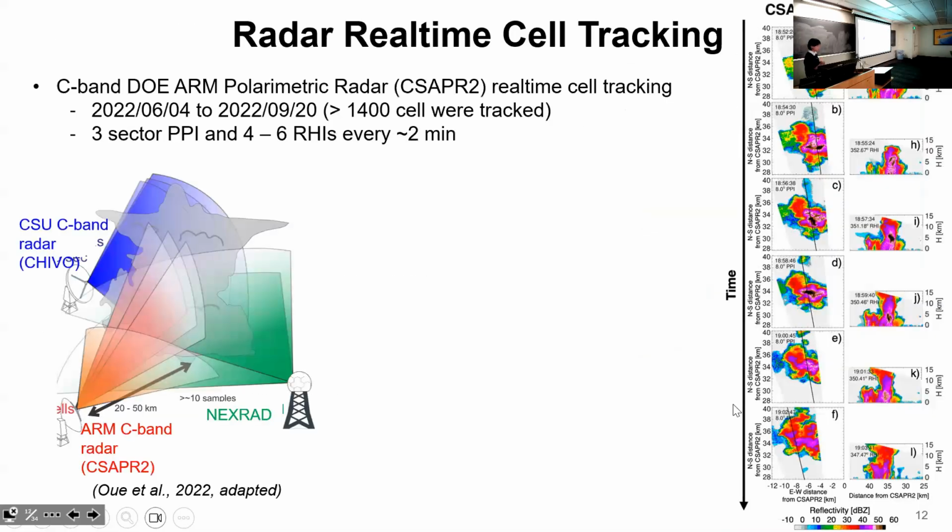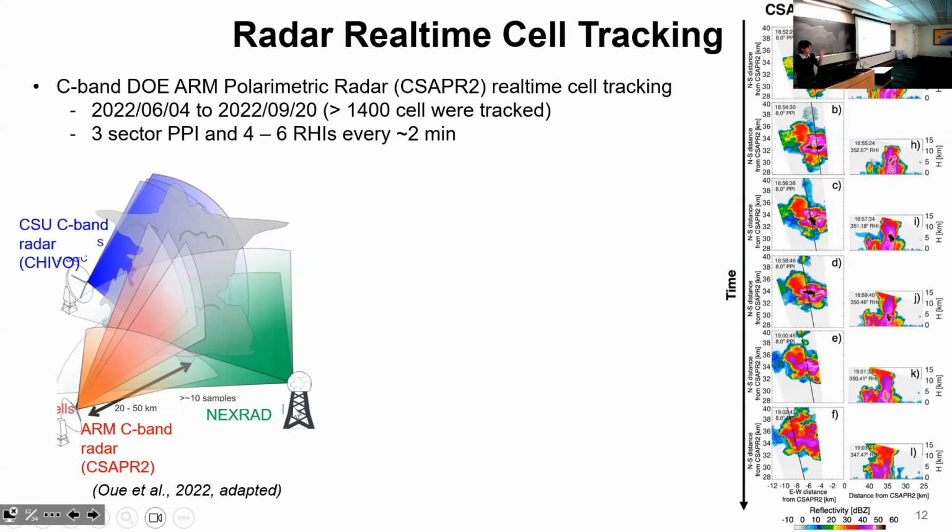During the field campaign, we conducted a very unique radar observation for real-time cell tracking. We had C-band polarimetric radars, and these radars tracked one convective cell in real time. Here is a schematic image of the radar measurement. The NEXRAD radar nearby the Houston area did a very normal observation, like surveillance PPI scans.